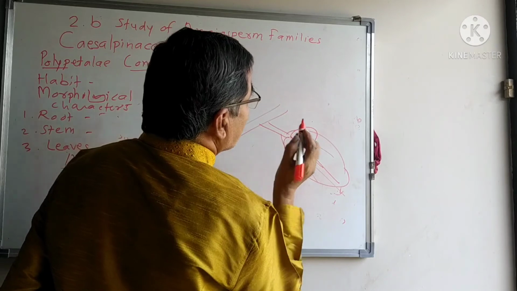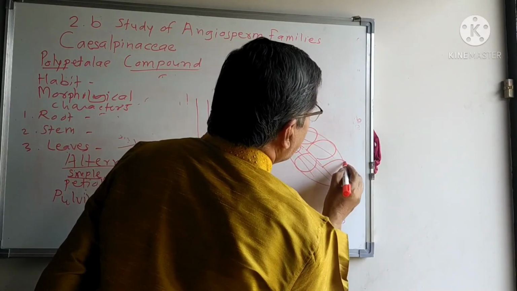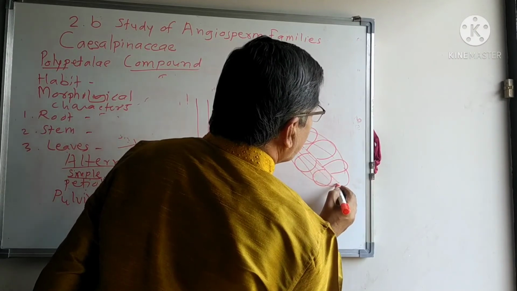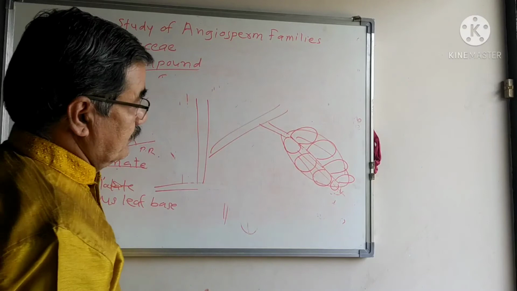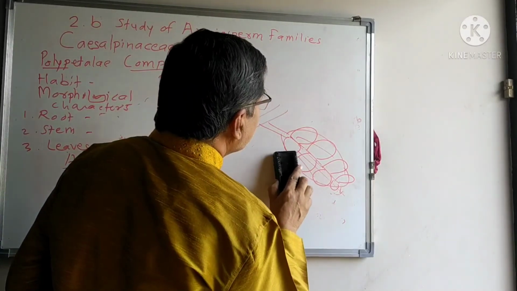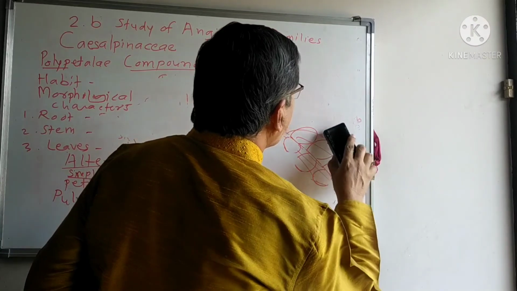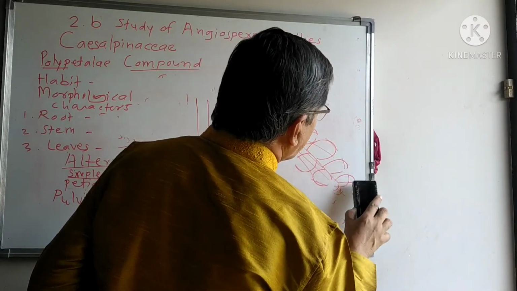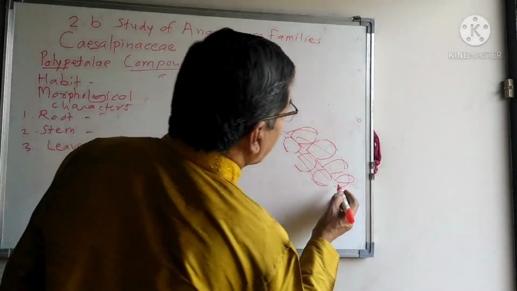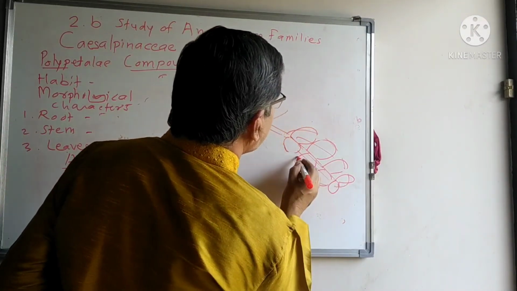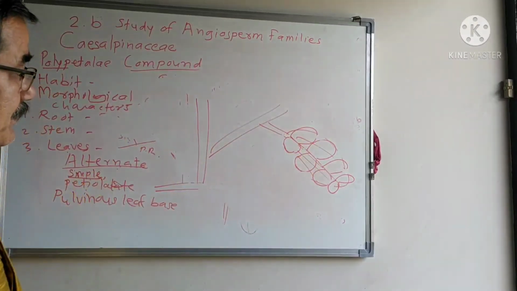This lamina reaches up to the midrib, and again this one, meaning the lamina of the leaf touches the midrib. Therefore, the single leaf is divided into a number of segments, and these segments are known as leaflets. These leaves are known as compound leaves.